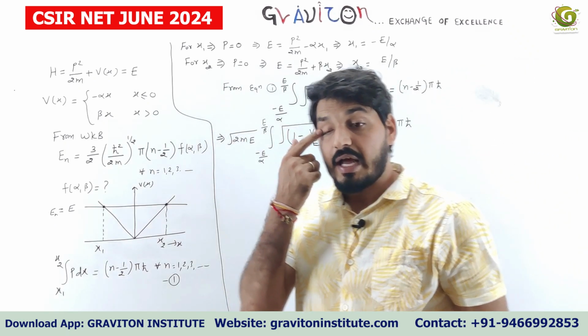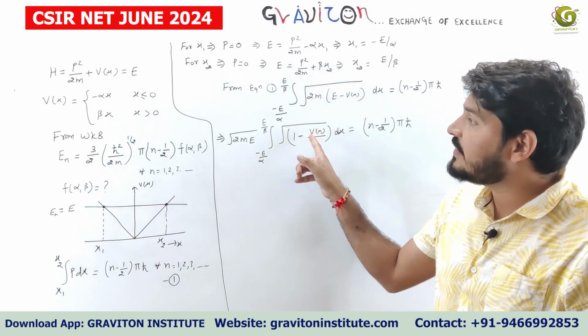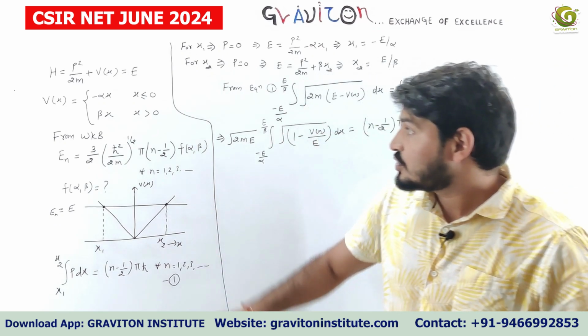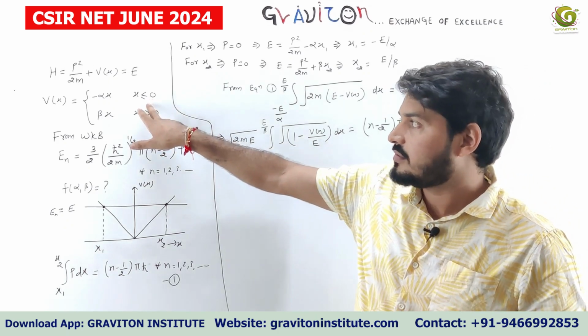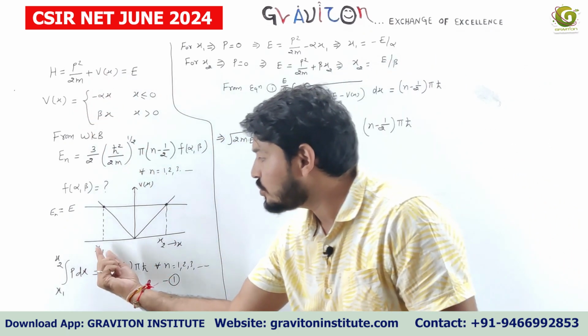Now we put in the value of the potential V(x). We can separate the limits, minus E by alpha to 0 and 0 to E by beta, because the potential is different in these two regions.